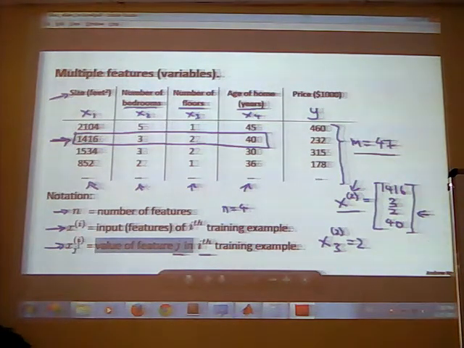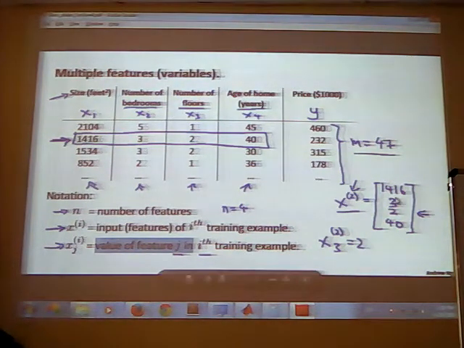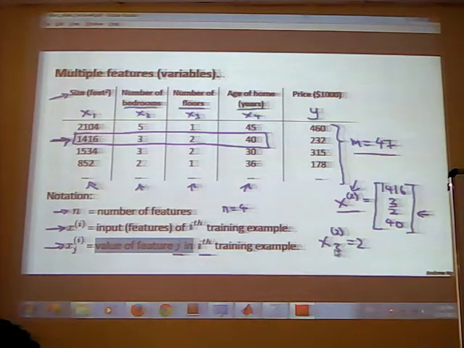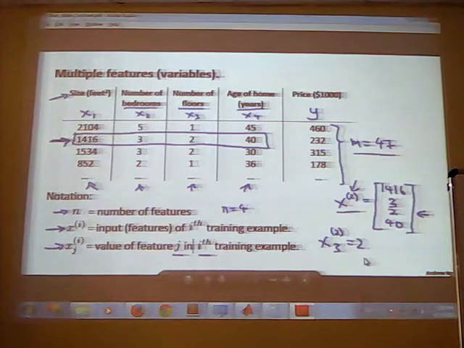Say we are talking about x superscript 2. So x superscript 2 will have 1416, 3, 2, 40. And if I say x superscript 2 and subscript 3, this means in this data it is the second value. Oh sorry, third value. So is the notation clear to all of you?